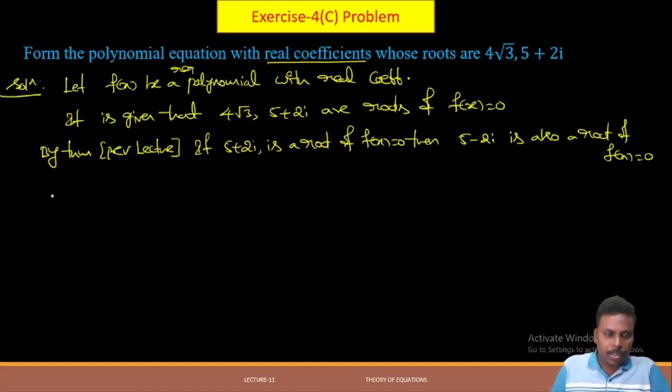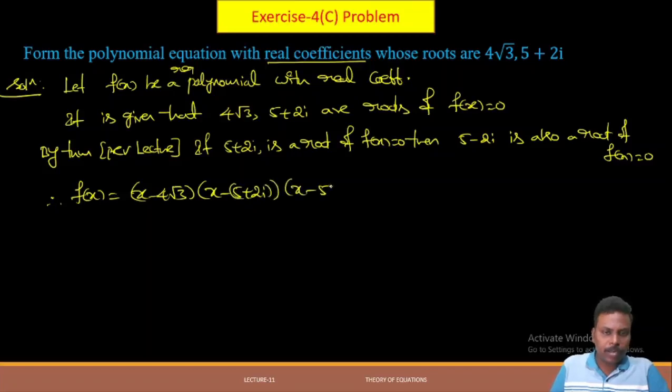So therefore, your f of x is equal to x minus 4 root 3 into x minus 5 plus 2i into x minus 5 minus 2i.